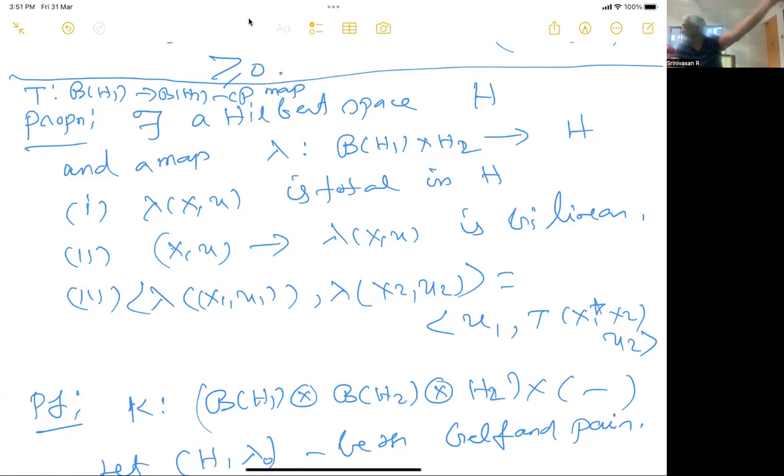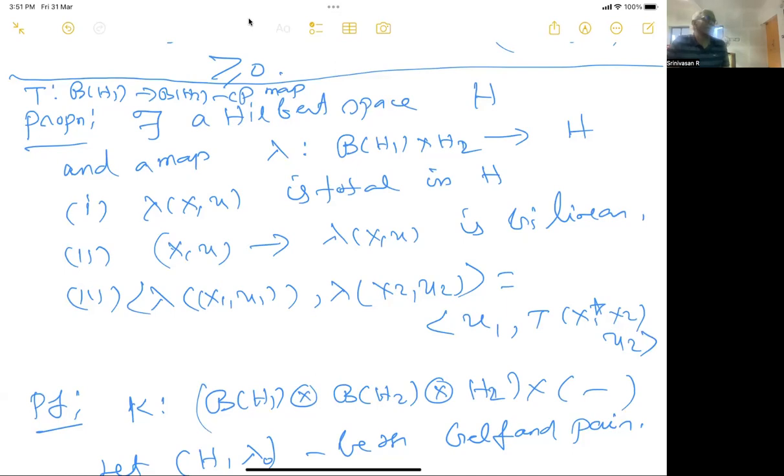It's clear, I don't have to write it. Similarly, you do it for alpha u1 plus alpha u2, you take it out, so it's clear that the map is linear.